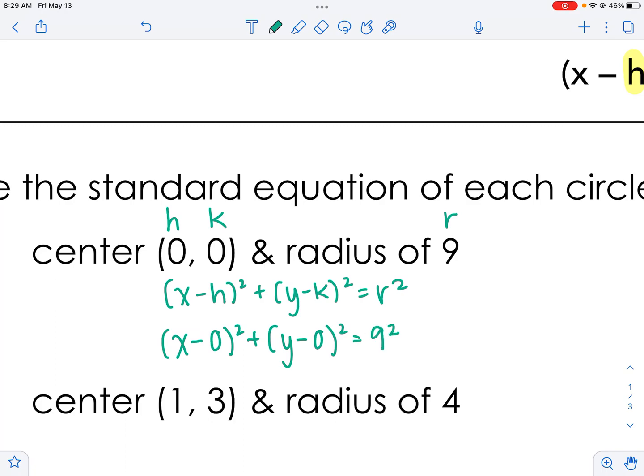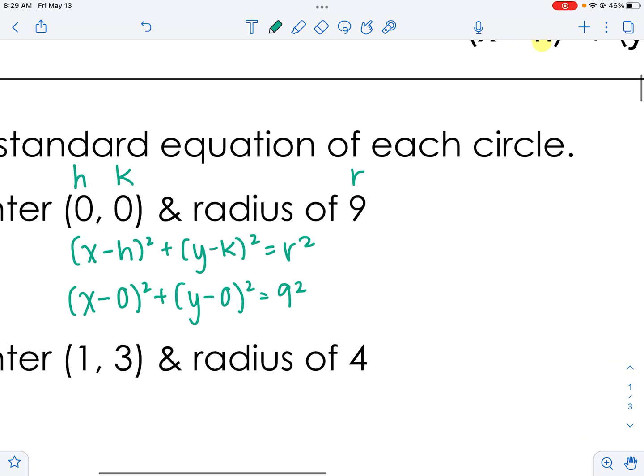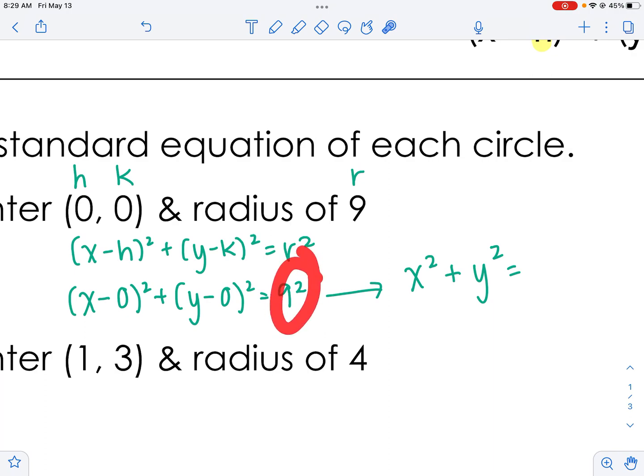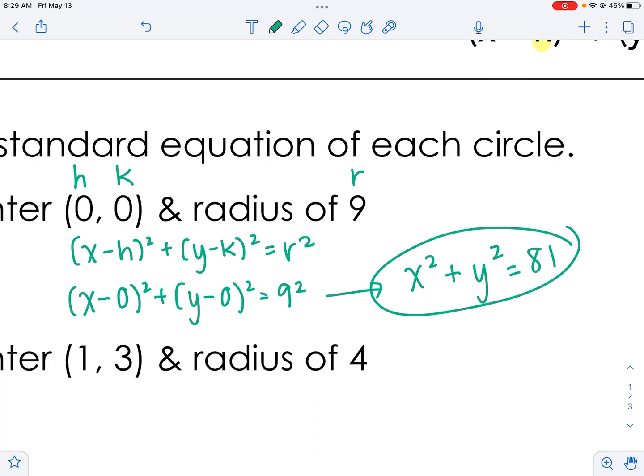I start by labeling, then plug things in, and now I'm going to simplify. x − 0 is really just x, so x² + y², and always simplify that radius squared, so 9² would just be 81. That's your equation for a circle.